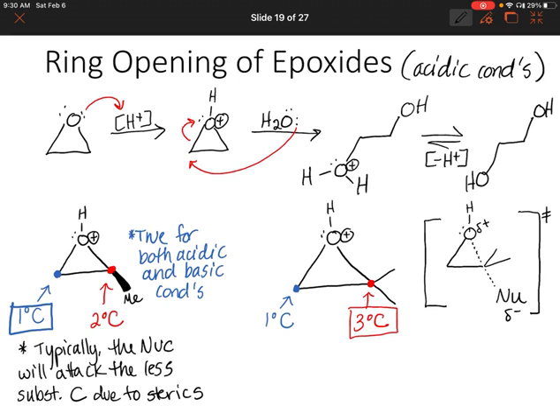So in this case, we want to consider the electronics. So those two methyl groups that are attached, they're stabilizing the tertiary carbon as bonds are forming and breaking. And that's again due to hyperconjugation.